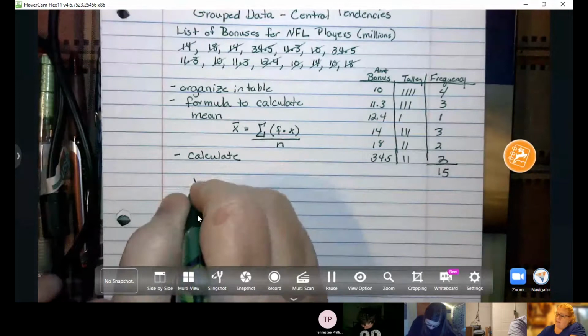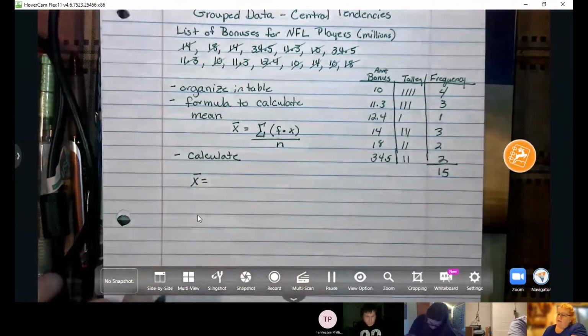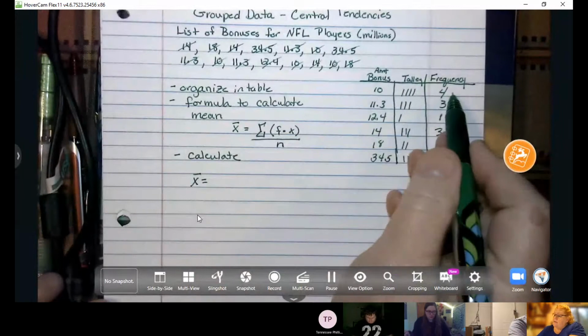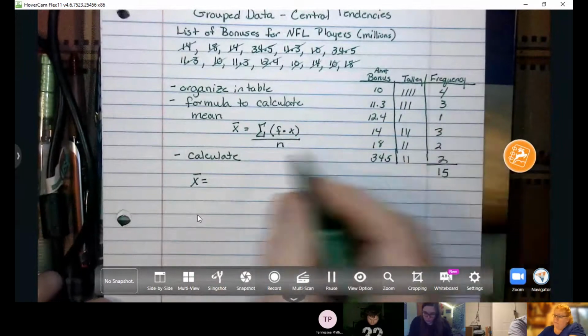So to find the mean, first that means that we're going to do the data item times the frequency.